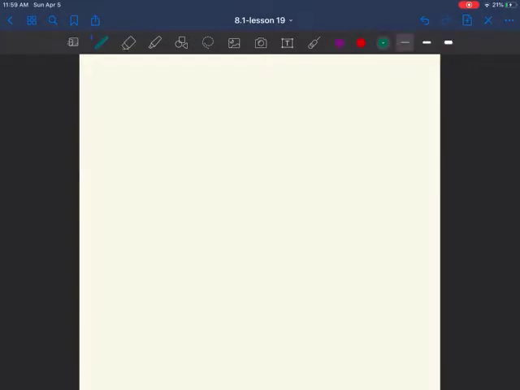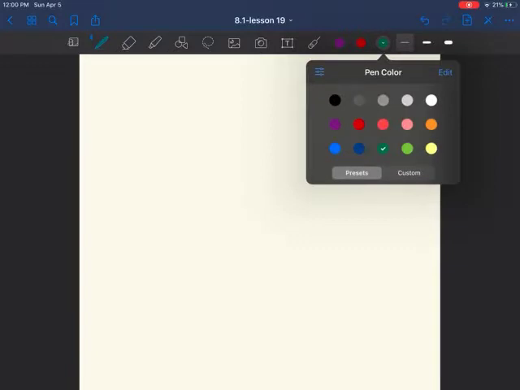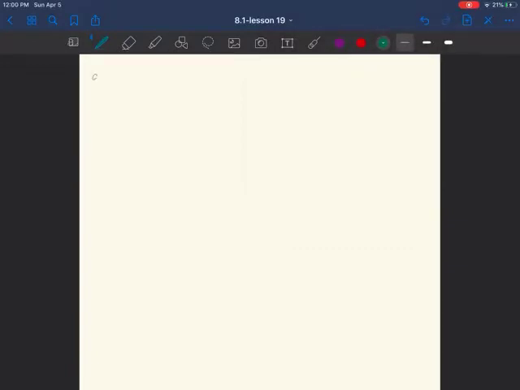Welcome back to part 3 of lesson 19. Remember that what we're starting here is we're going to go back and fill in what the directions were. So the directions here are going to be dx1, and based on our calculations, what they were was 1, minus 2/3, 0, minus 1/3, 0, minus 2.